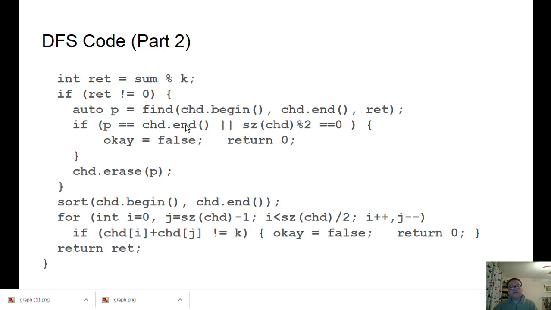If I fail to find it, or if I have an even number of children with paths that need to be taken care of, then I know I'm going to fail, because I need one path to go up, but then the other paths need to be pairwise matched. So if I have an even number now, after passing this up, I have an odd number, they cannot be matched.